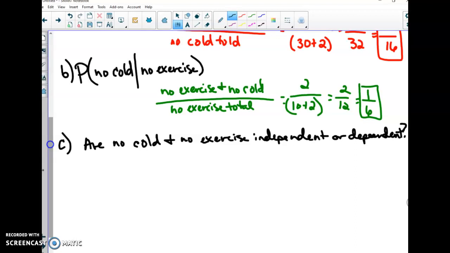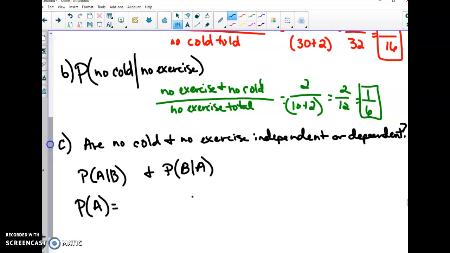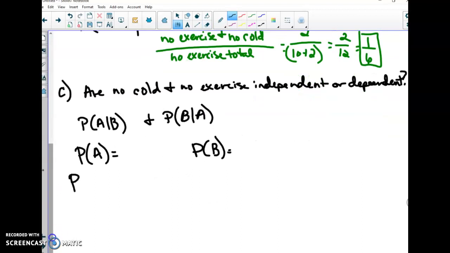So the nice thing is we've actually already calculated P of A given B, and we've already calculated P of B given A. So now we just need to calculate P of A and P of B. So if I look at P of A, let's define which one's which. My bad. So let's say P of A is no exercise, and P of B is no cold.